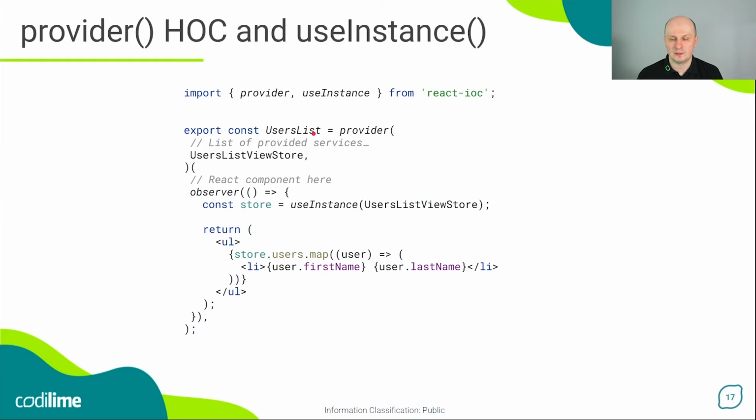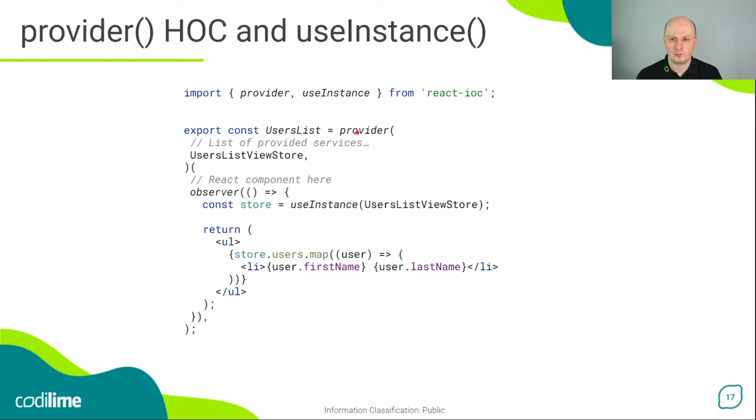We have a users list component, which is defined here at the bottom, and we use the provider helper from react-ioc to configure what kind of services, in our case the store, will be accessible by another API, the useInstance hook, to be consumable like the React context.